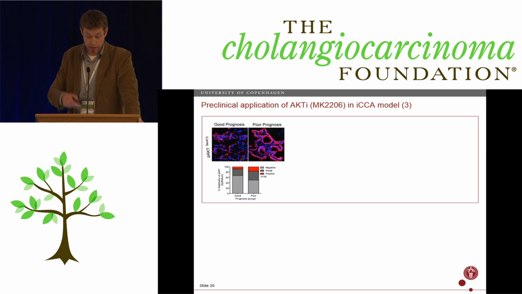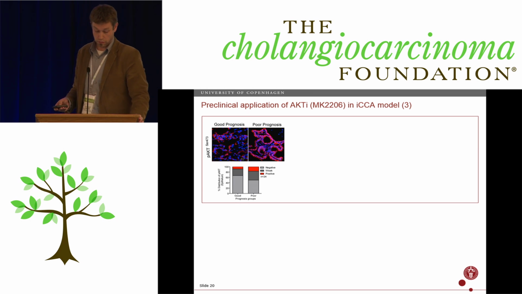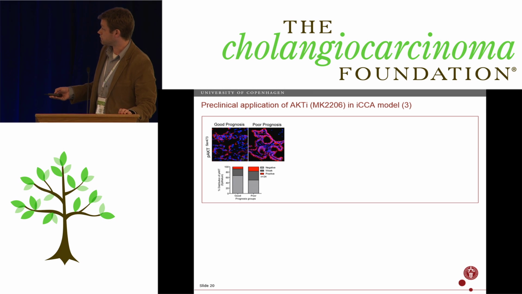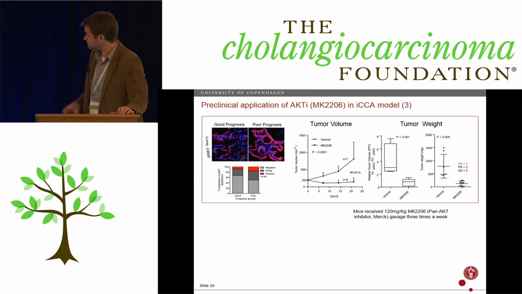That led us to use the same model, using a preclinical application of AKT inhibition, Merck's drug MK2206, in intrahepatic cholangiocarcinoma. We first again wanted to validate that activated AKT, or the serine 473, truly is upregulated in the poor prognosis or increased in cholangiocarcinoma.